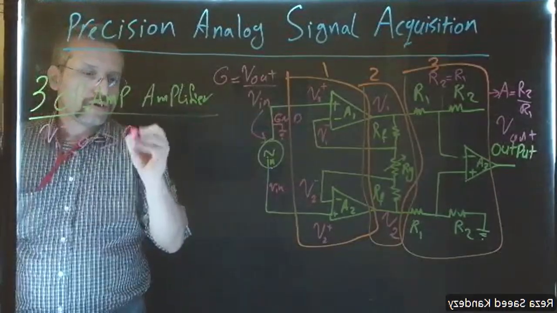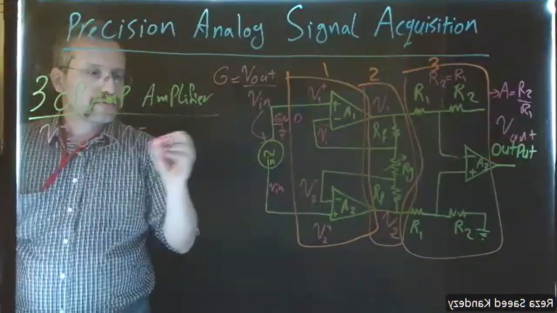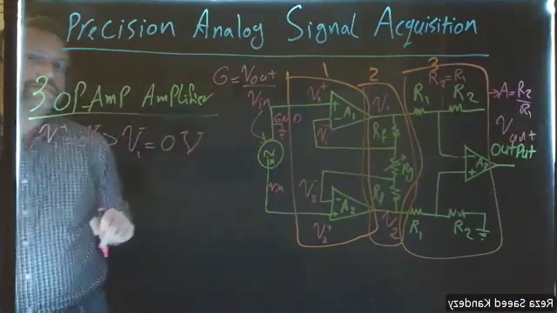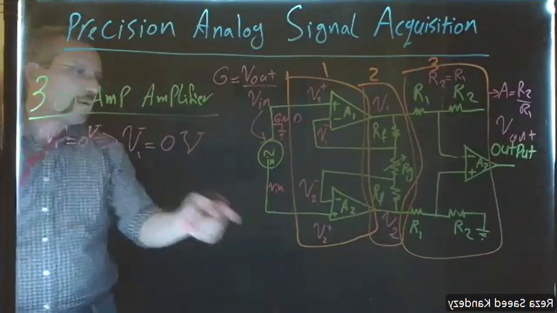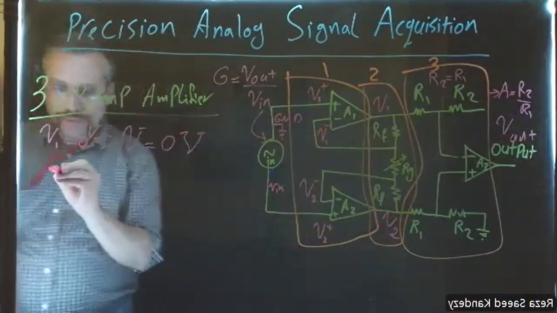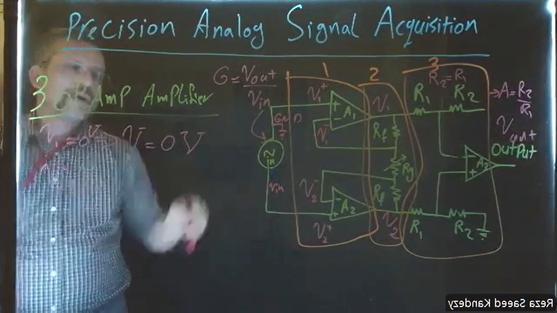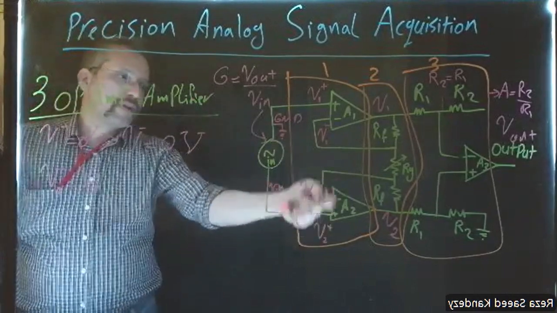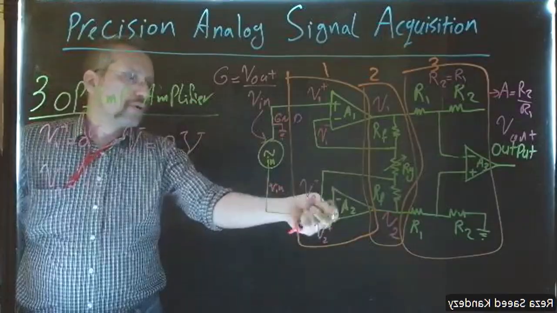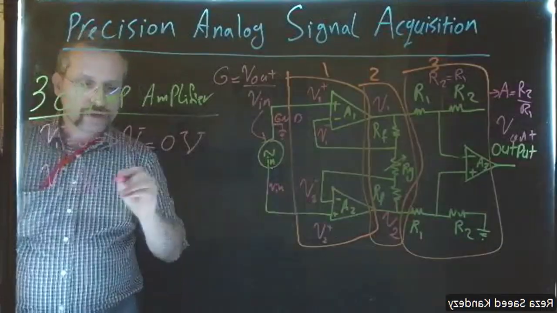Therefore, V1 inverting, V1 minus, is also 0. Let's put the units too. Now how about this one? V2 non-inverting, V2 plus, is our input. Same analogy: because we have a high impedance, ideally infinite, there is no current, there is no voltage drop, so V2 inverting is also equal to V input.